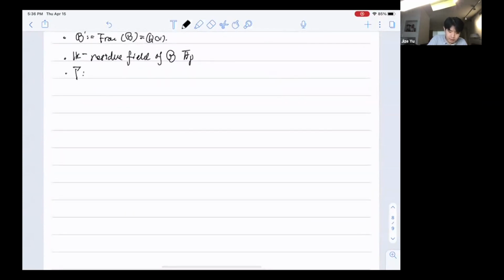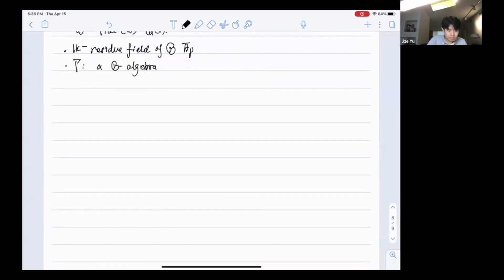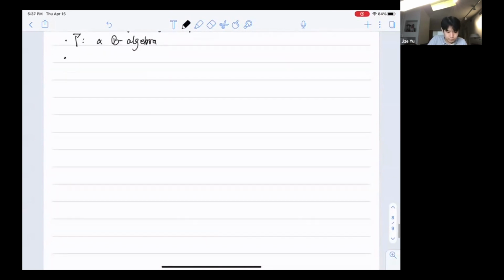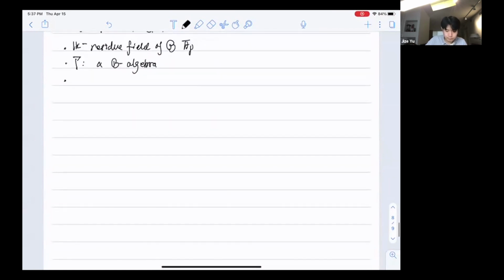And gamma will be a B-algebra. So U_B will be Lusztig's form.